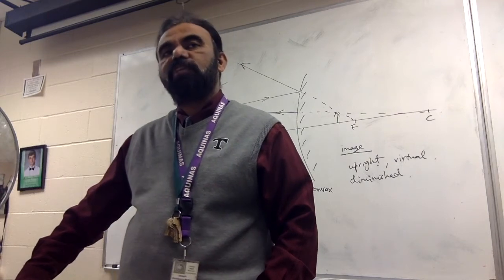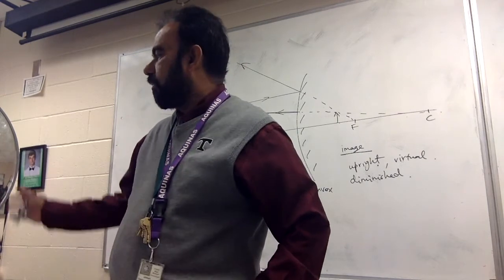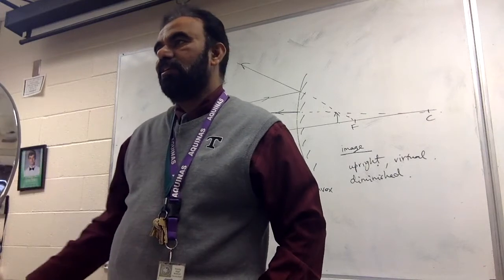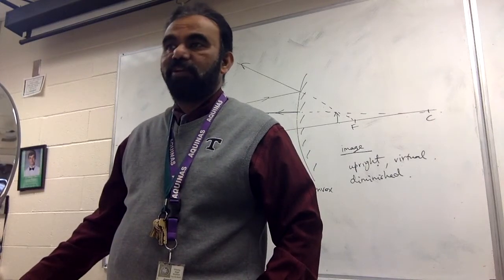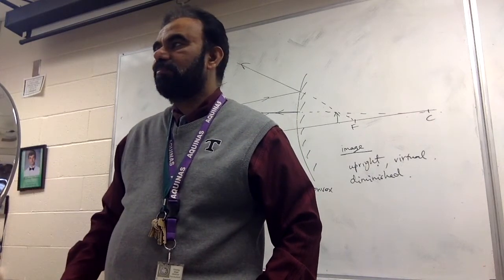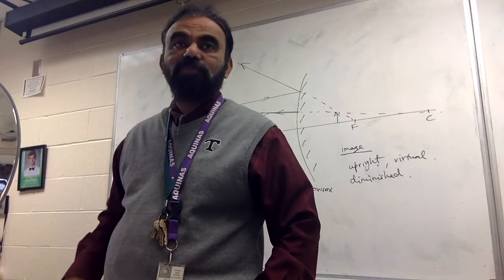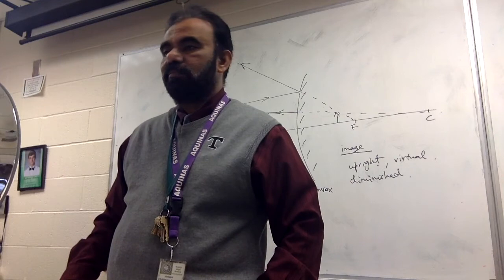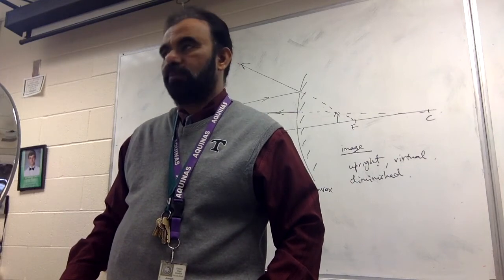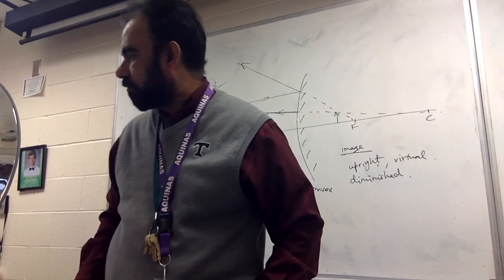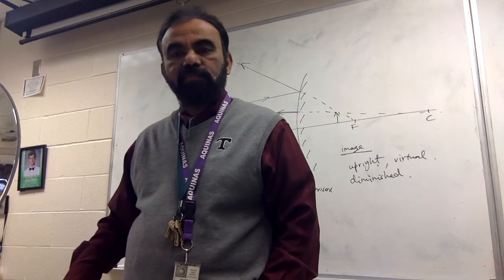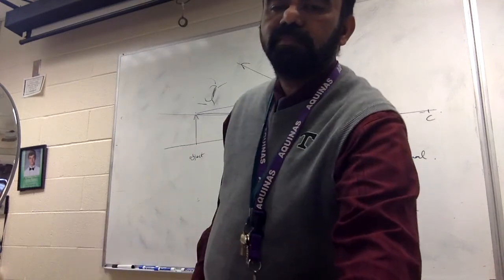What's the purpose of using it for the rear view mirror? It's because you can see everything behind you, right? You can see a lot more than what a plane mirror can show. But the only thing is, it is small. It is diminished. All right. We'll continue this.